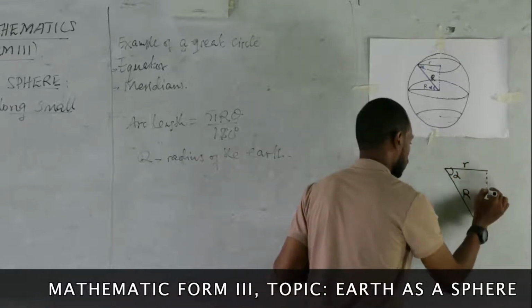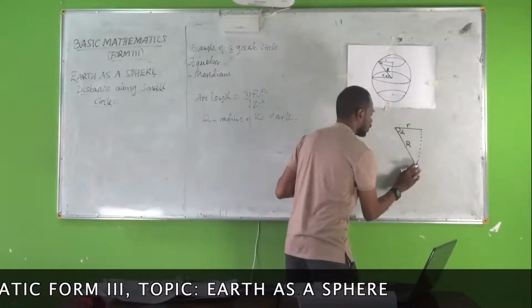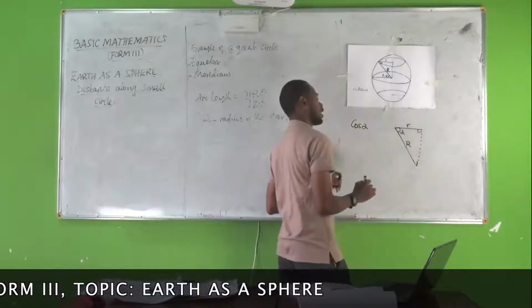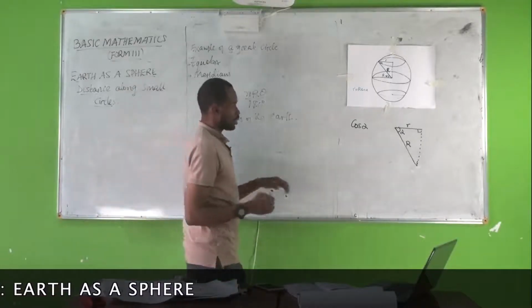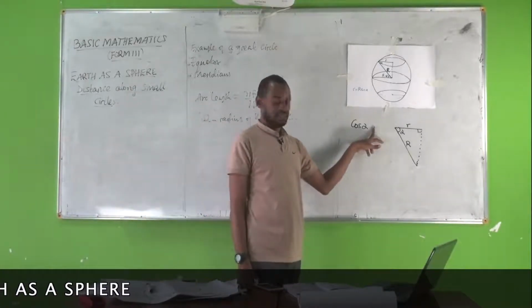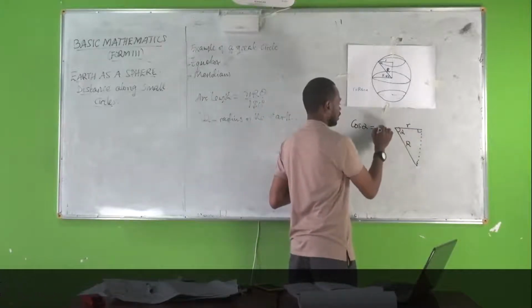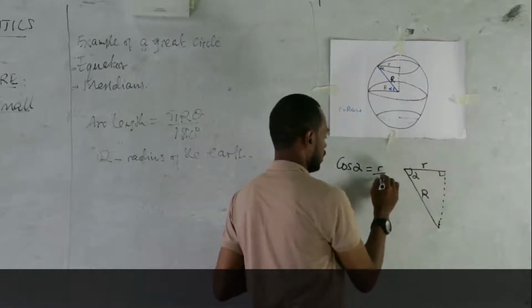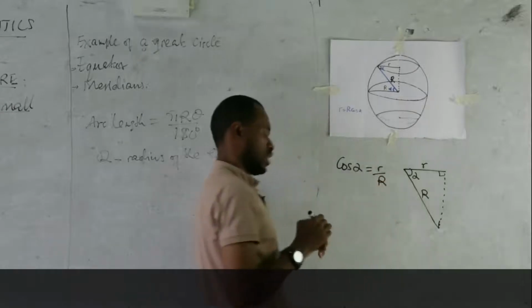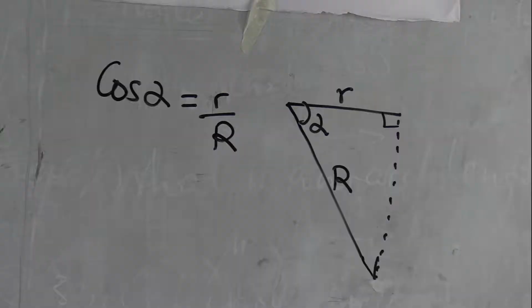Suppose this is a right-angled triangle. So what is cos alpha? Yes, cos alpha is equal to the adjacent, which is small r, over the hypotenuse of the triangle, which is big R. So cos alpha is equal to small r over capital R.